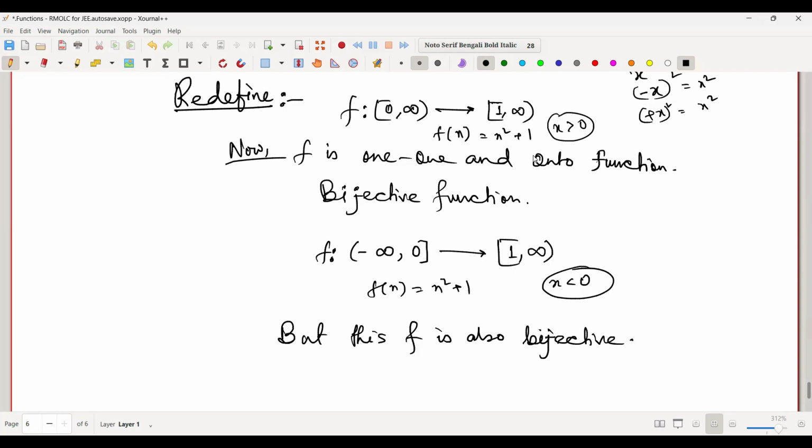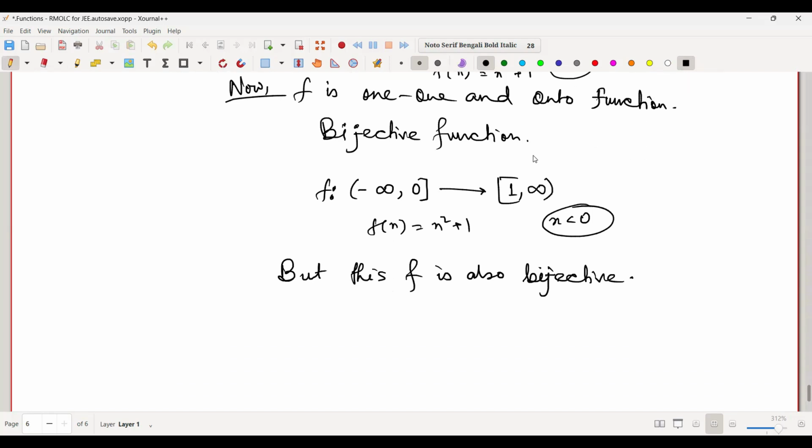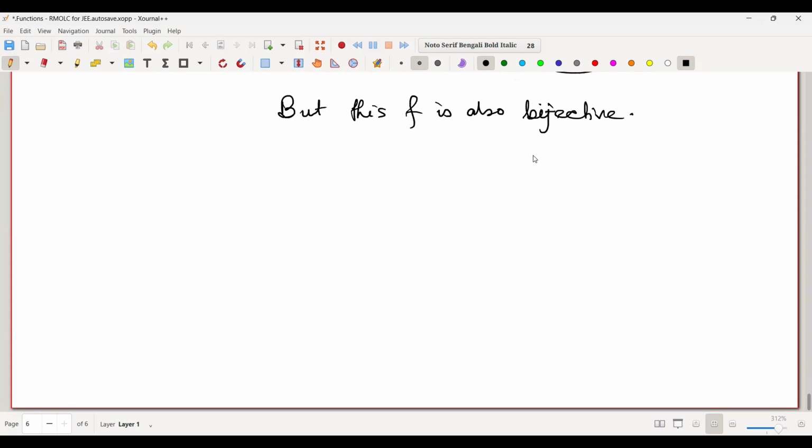Now, as we told, this is a bijective function. We can say the inverse function.